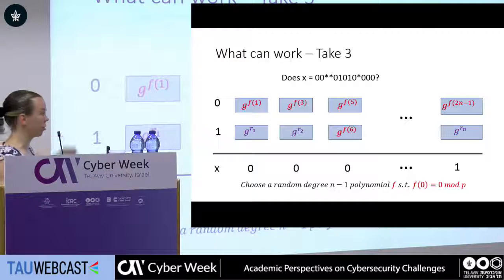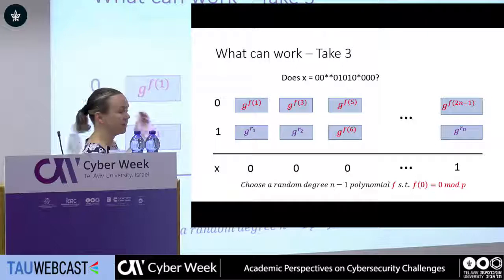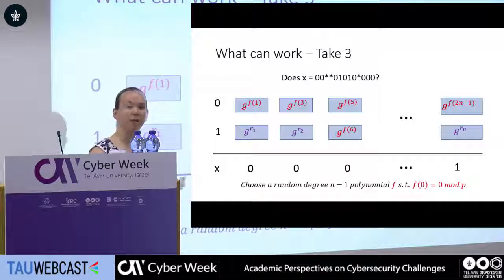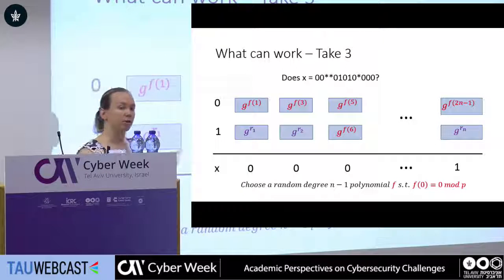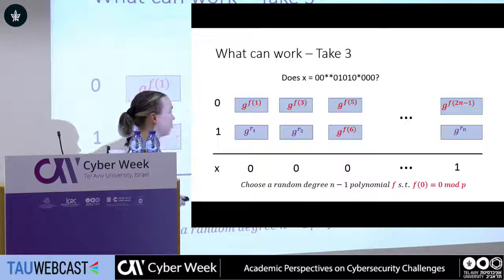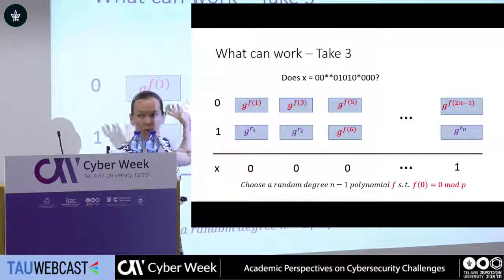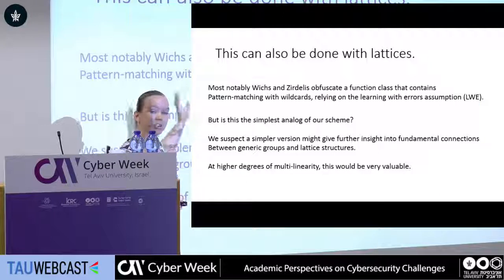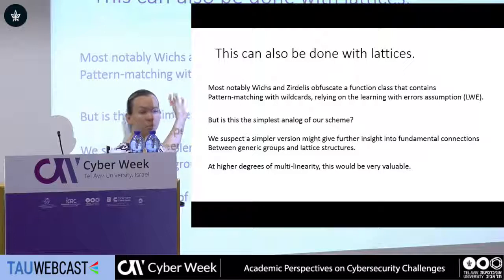Group structures hide things by putting them in the exponent, which is what stops nonlinear computation. And lattice structures hide things by adding noise, which is also what stops nonlinear computation. So you can take essentially the same framework and write it down in a lattice structure with noise, and you get something that's actually different from the previous known lattice scheme.